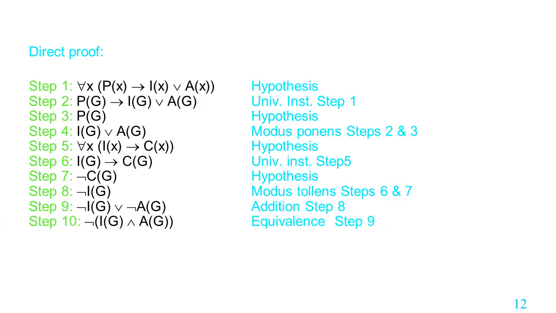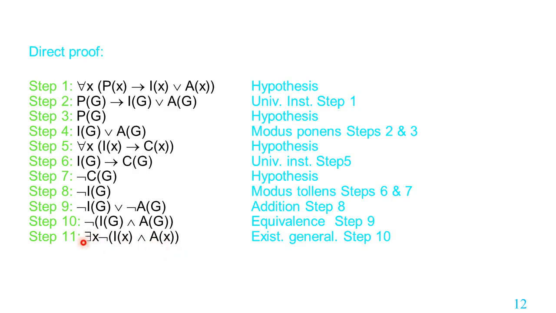Equivalence of step 9. We make an equivalence statement using De Morgan's law. Steps 9 and 10 are equivalent. Now this can be written as: there exists an x, not Ix or not Ax.